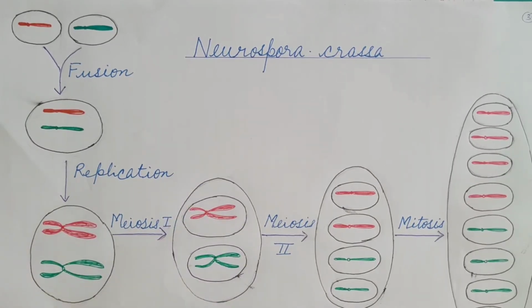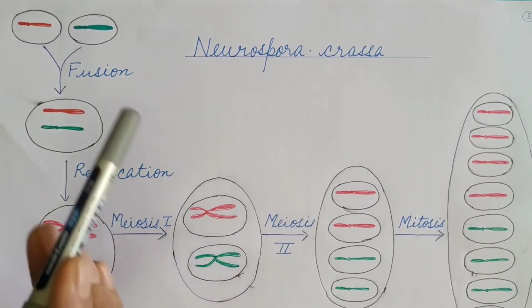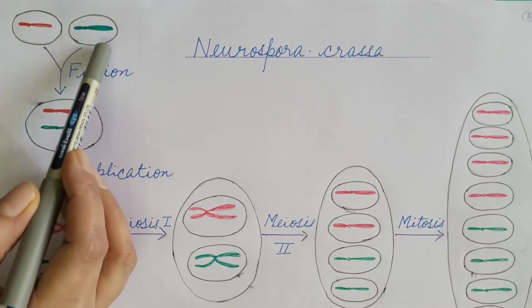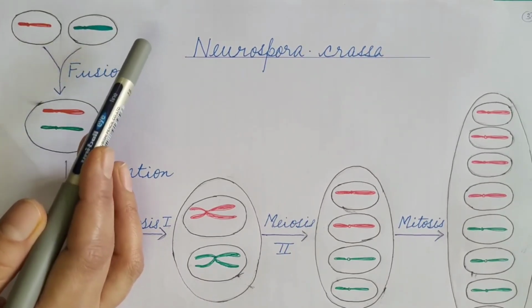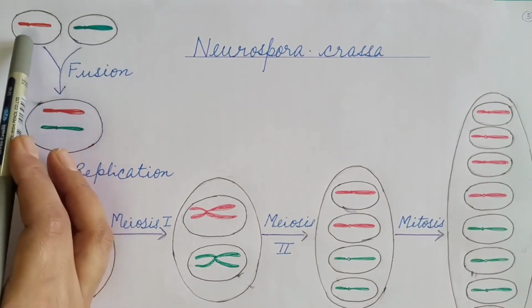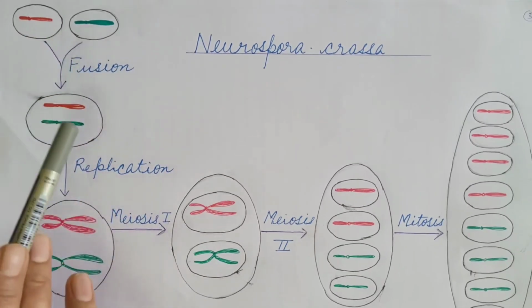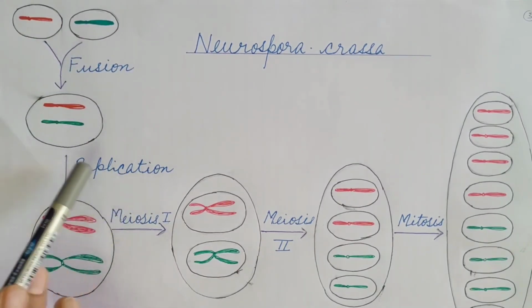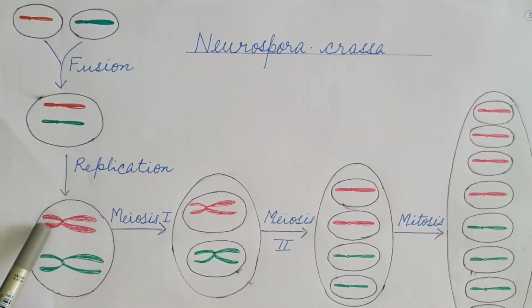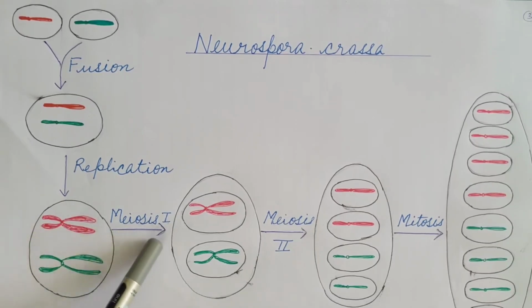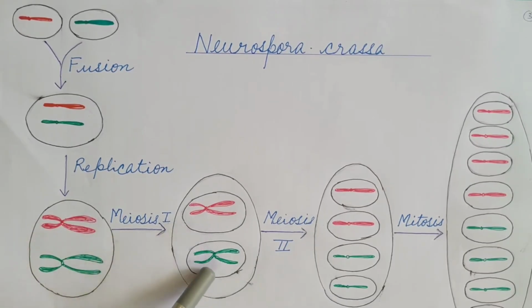Let us discuss the ordered or linear arrangement of spores in Neurospora crassa. Two haploid cells, 1n, that means they have only one set of chromosomes. For convenience, we have taken only one chromosome. They fuse, a diploid zygote is produced, then chromosomal replication takes place. Now each chromosome has two chromatids attached to the centromere. Meiosis 1 takes place, and the two chromosomes separate.